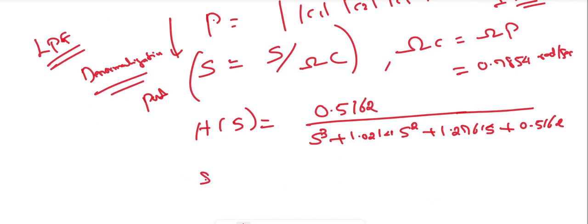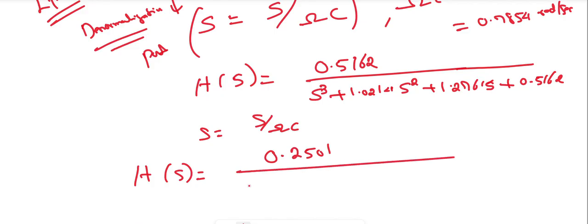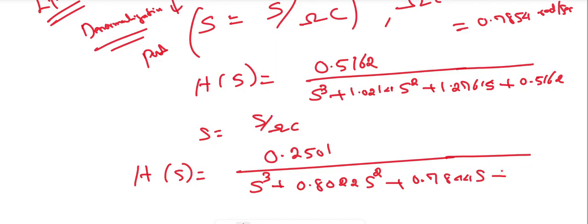After applying, put S is equal to S by omega C. Then H of S is equal to 0.2501, you can cross check the steps. S cube plus 0.8022 S squared plus 0.7844 S plus 0.2501.